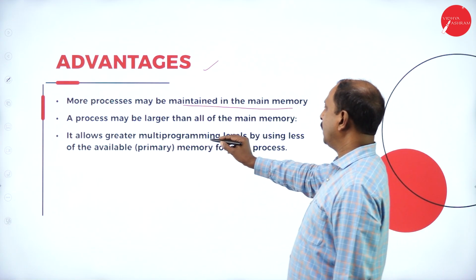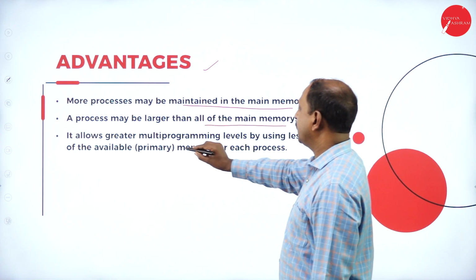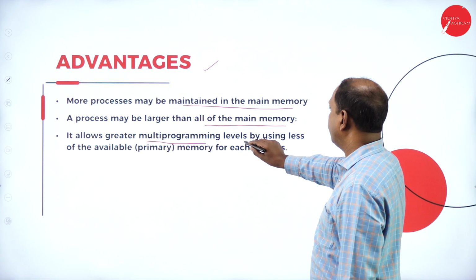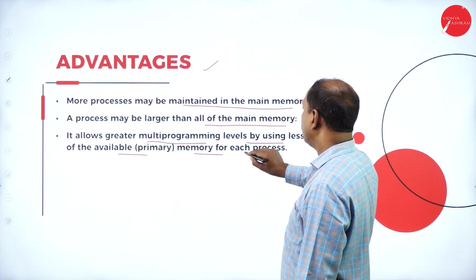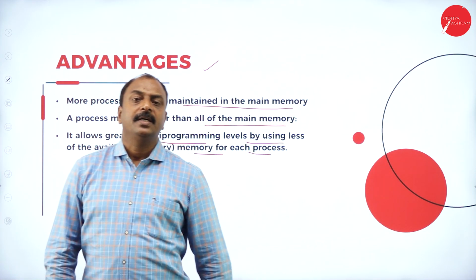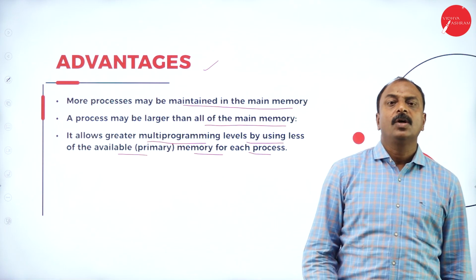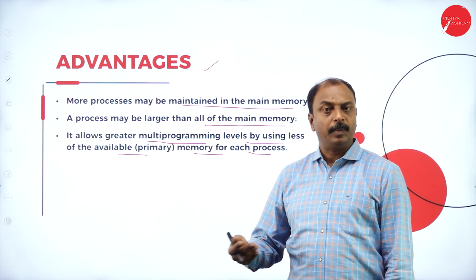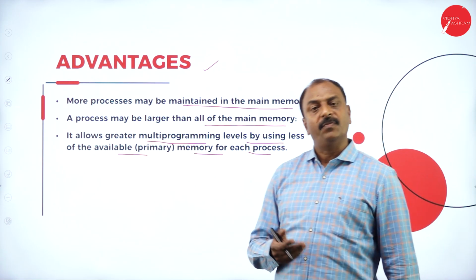Also, a process may be larger than all of the main memory, so it allows greater multi-programming levels by using less available memory for each process. So this is the concept of demand paging. It is possible to have more pages in the main memory for processing, even though the space is very little.